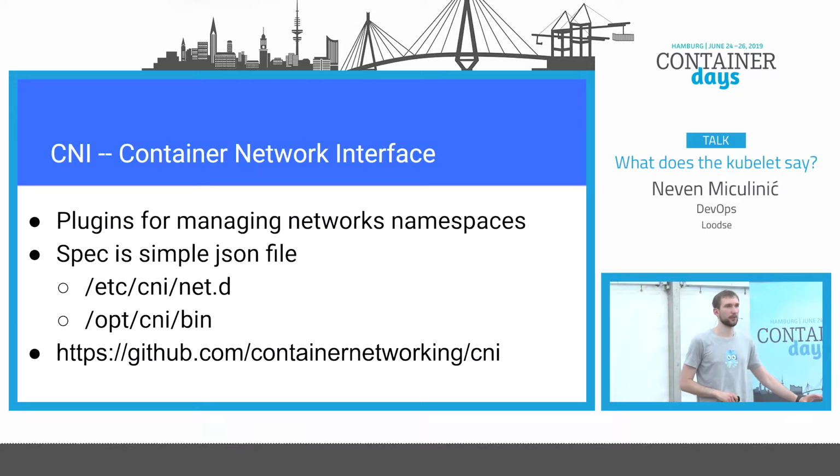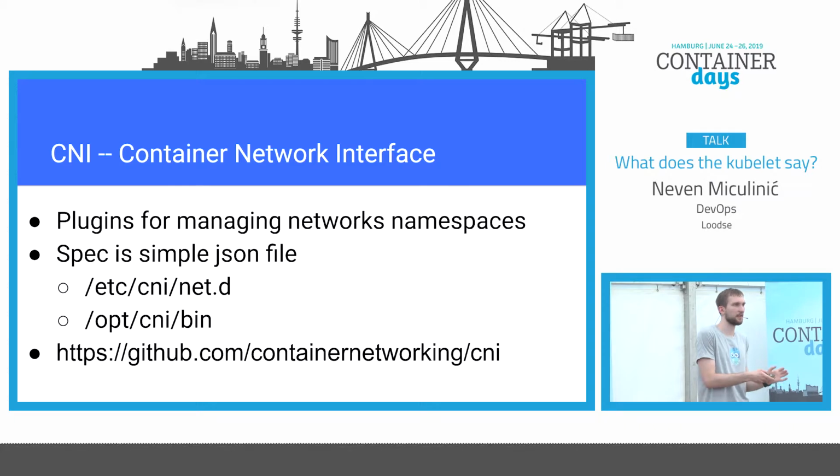So what about networking? Because, as I mentioned again, kubelet is written pretty generically. The networking also has a plugin-based model called Container Network Interface. In this model, plugins are used for managing network namespaces. That is, for managing network interfaces within those namespaces. The specification is a simple JSON file, usually located at /etc/cni/net.d.